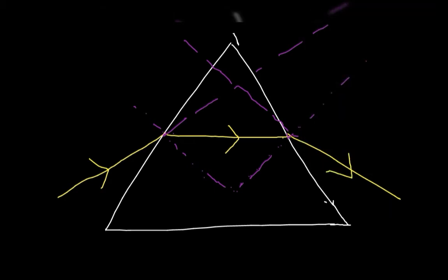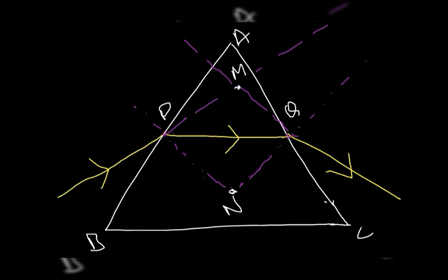Let's say this is A, this is B, this is C, and this point is M, then N, P on this side, and Q.